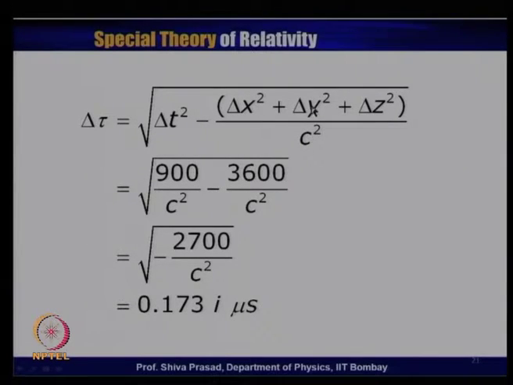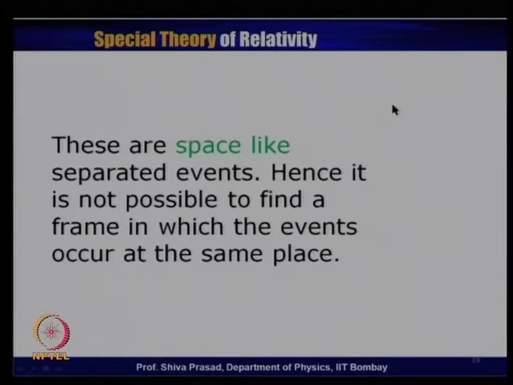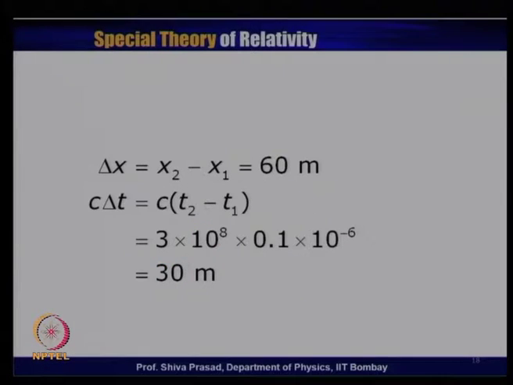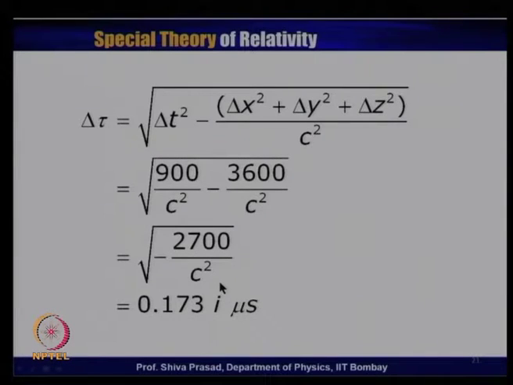Delta x square plus delta y square plus delta z square. Remember our delta x values: delta x was 210 minus 50, which gives me 60 meters. c delta t was 30 meters. I put 60 here, that gives me 3600.